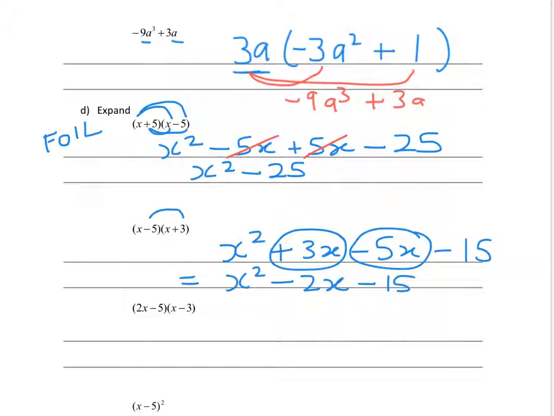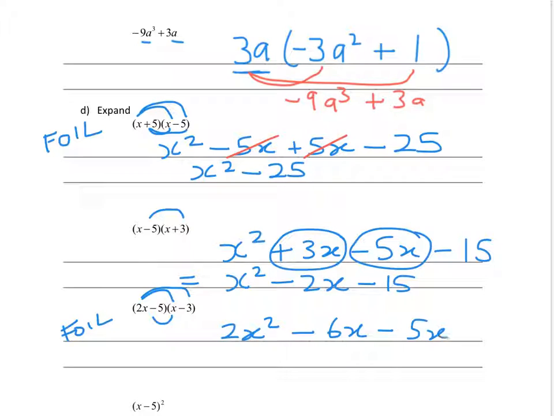In this example, we use FOIL again for expanding. First of all, our front terms, 2x multiplied by 1x is 2x squared. 2x times a negative 3 is negative 6x. You must practice these until you get them right.